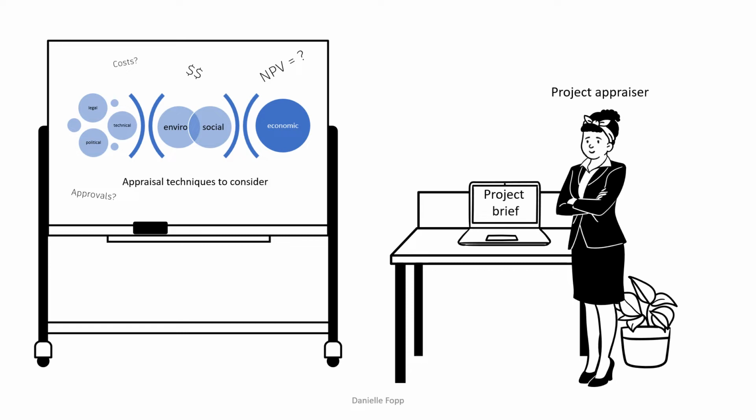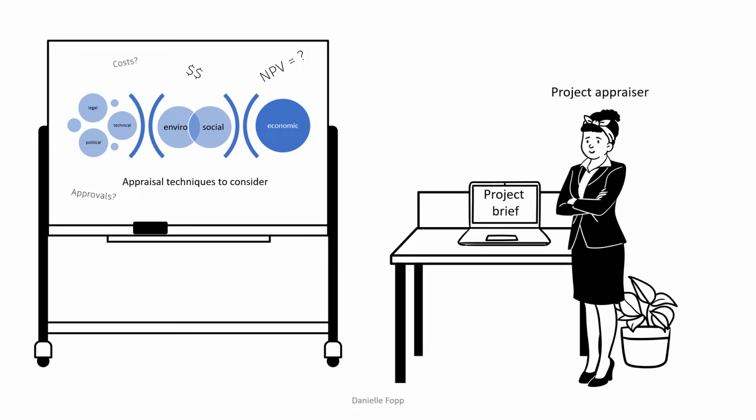Now, in industry or in the office, what does this actually look like? Well, we have the project appraiser, and for this course, you will be the project appraiser. We are then generally given a project brief or a project description, which we can see on the laptop screen. And then we need to utilise numerous appraisal techniques to consider whether the project is viable or not.